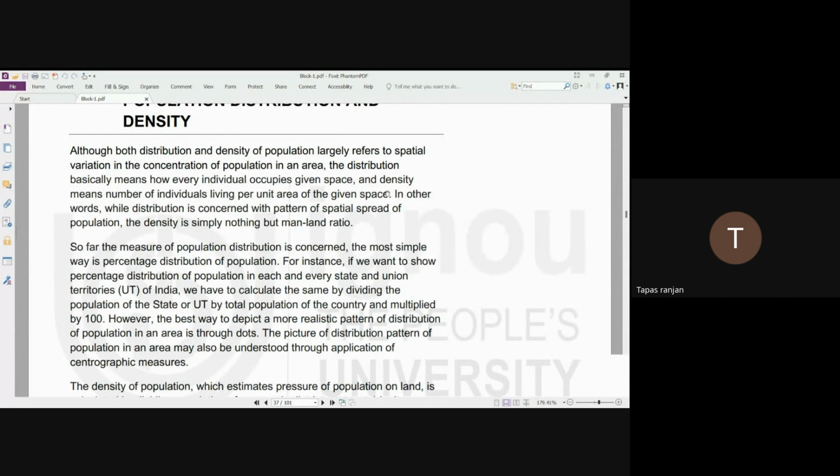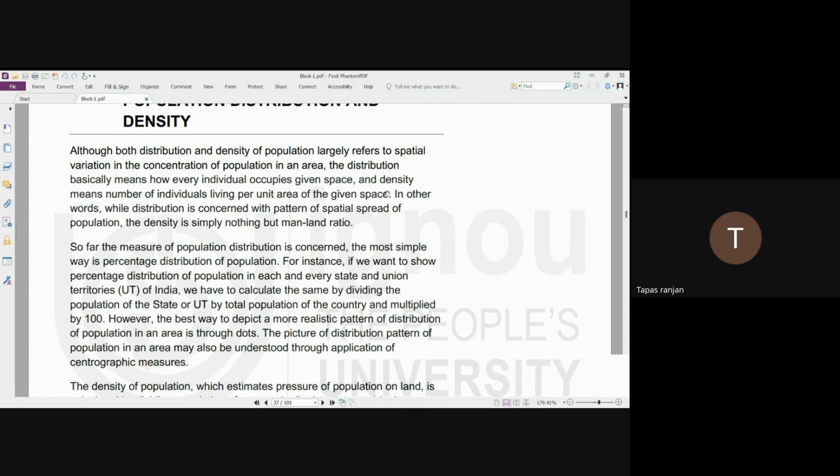Let's suppose 400 people inhabit 1 square kilometer. Then the population density of that region is 400. This is basically arithmetic density, one measure that we use.